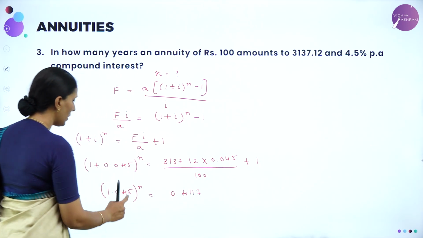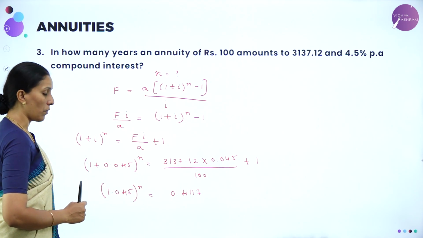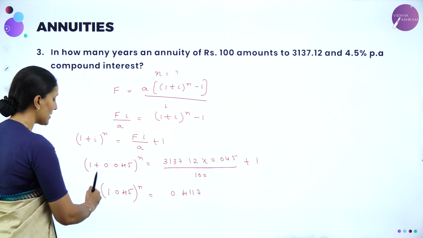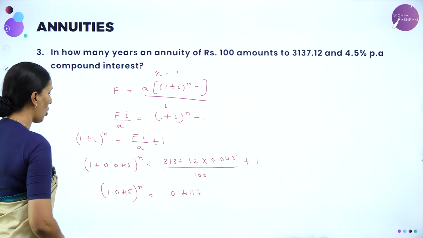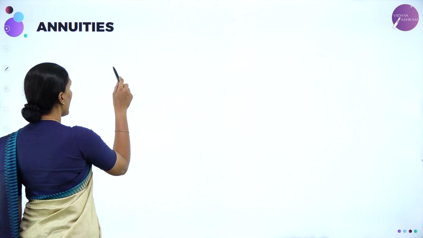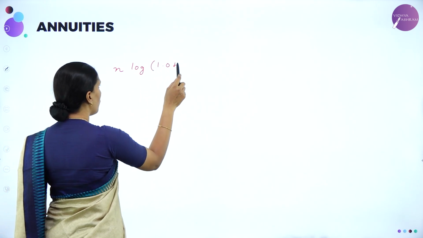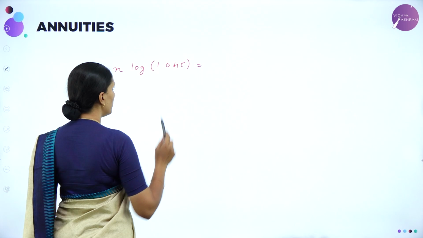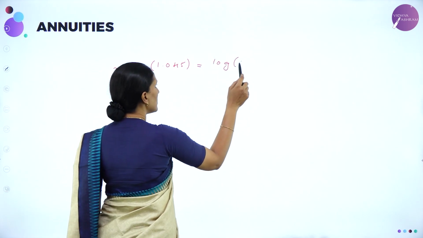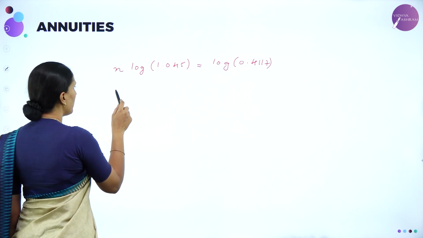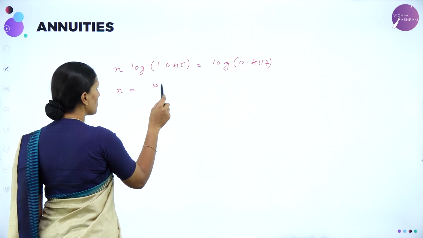So solving the right hand side here, we will get the value of 0.4117. Now I need n, which is in the index form. Whenever any value is in the index form, we apply log to make it a whole number. If we apply log on both sides, I'll get n log of 1.045 is equal to log 0.4117. Using the logarithmic table, we can find the values of these two.